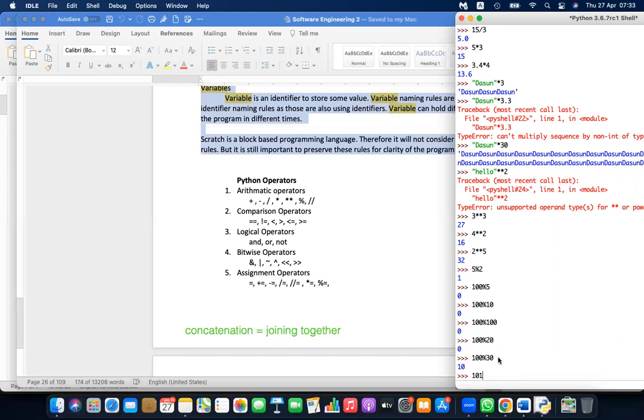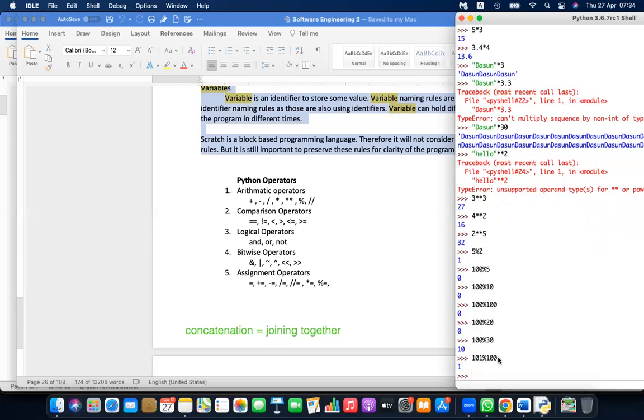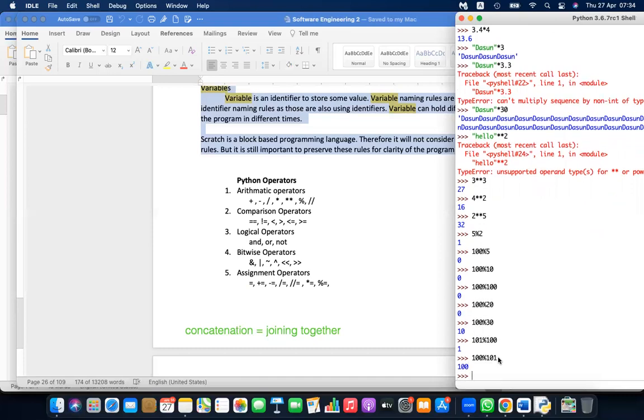Okay, 101 divided by 100. 1. And 100 divided by 101. It is 100, right? Because you cannot divide. There are no 101s for 100. So only 100 remains. This is the integer remainder.